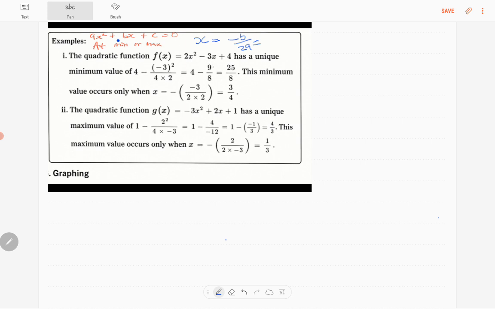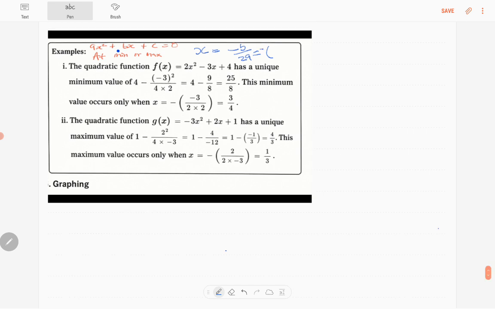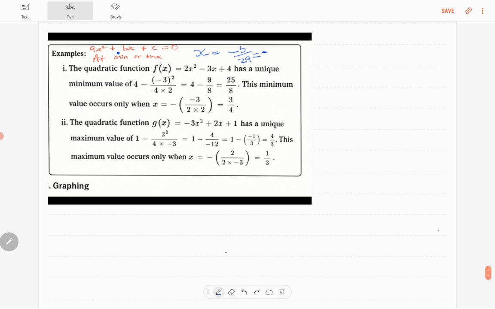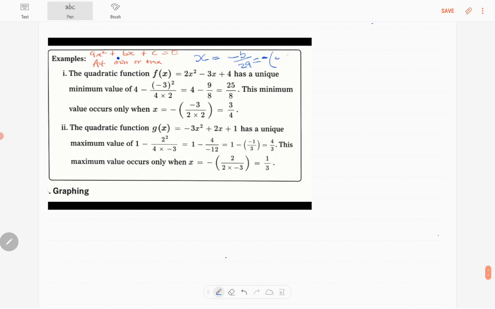Here b is minus 3, so we have minus, bracket minus 3, over 2 times 2. The minus signs cancel, so we have 3 over 4.